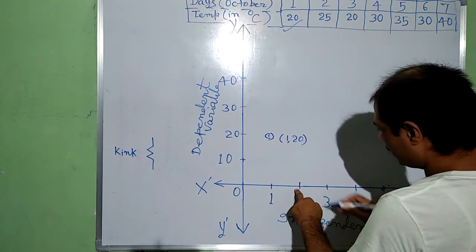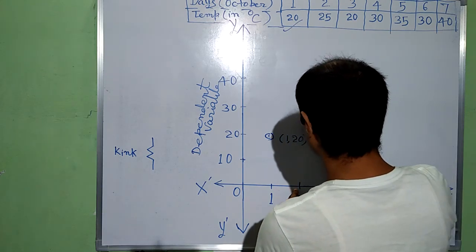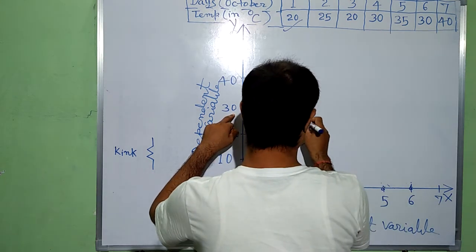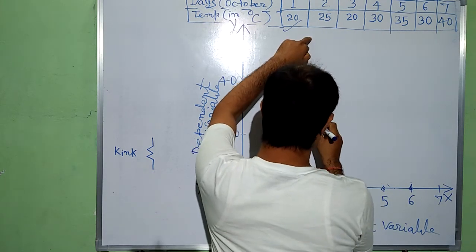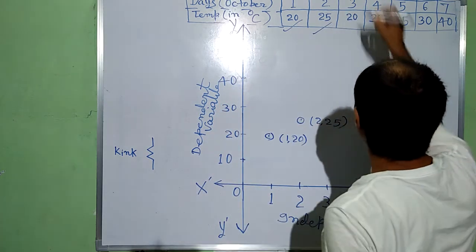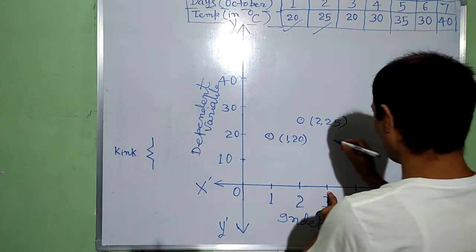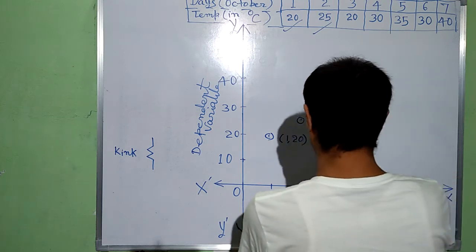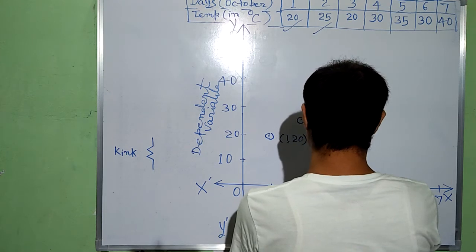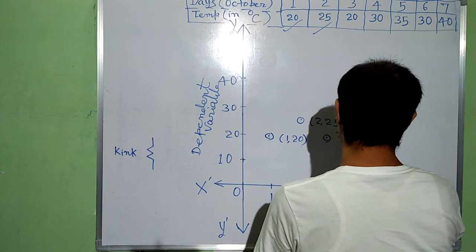Distance 2 alongside the x-axis and 25. It will be here in the middle of 20 and 30. This is (2, 25). Then (3, 20). This is the third day, and the temperature is again 20 degrees Celsius.